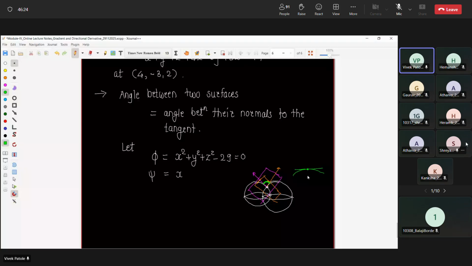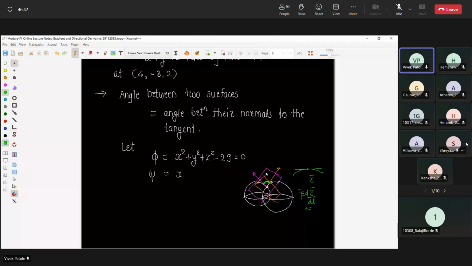If my curve is r bar, then t bar is evaluated as dr bar upon dt. So to the curve, tangent is evaluated like this. Whenever we talk about the surface, we cannot draw the tangent line.